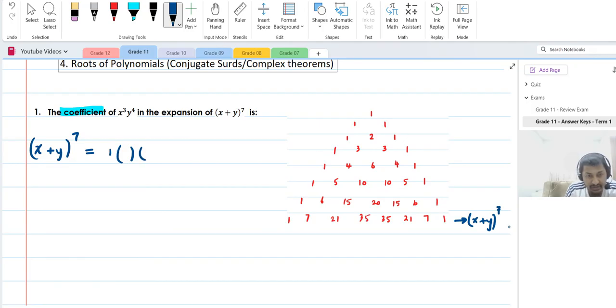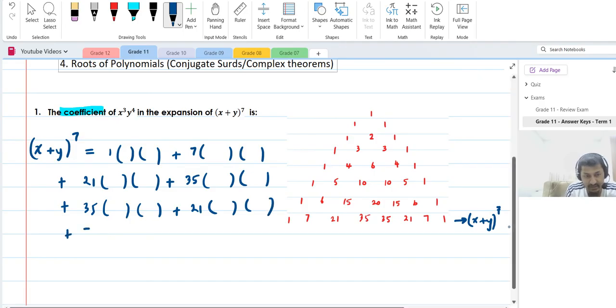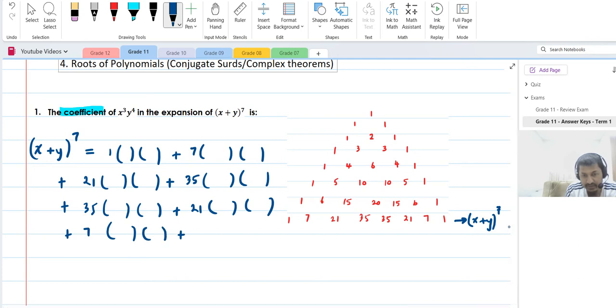We will make brackets like this. If you really want to expand everything, that's what you will do. Plus, put the next number 7 with the brackets, plus the next number is 21, bracket, plus 35, have a bracket and a bracket, plus another 35, plus 21, plus 7, plus a 1 with a bracket and a bracket.